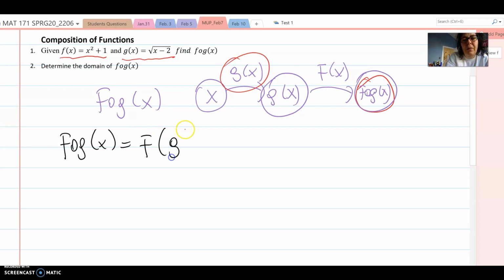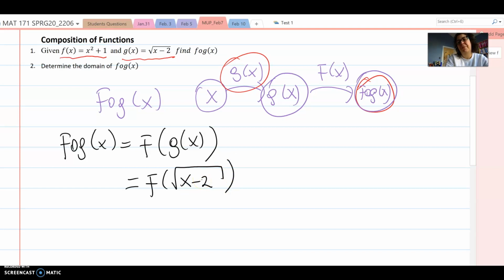Let's try to figure out what the rule of the composite function is. So g takes as inputs x minus 2 and takes the square root of them. What does f do? The rule for f is that it takes the input, squares it, and adds 1.